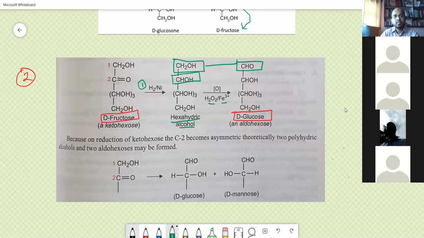The first carbon atom is converted into CH2, this is our second reagent. So based on the reduction of ketohexose, C2 becomes asymmetric.